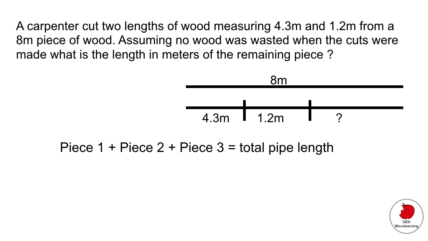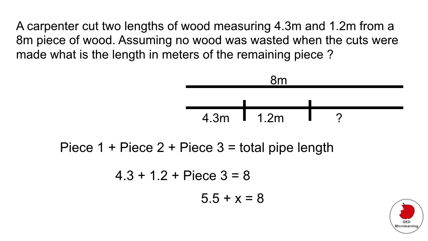So all of these pieces should equal 8, okay? And we have the information for 2 of them. So all you have to do now is solve for piece 3. So you would add all the lengths for piece 1 and 2 there on the left. That gives you 5.5. For piece 3, we don't know what it is, so we're just going to call it x, and all of it is equal to 8.